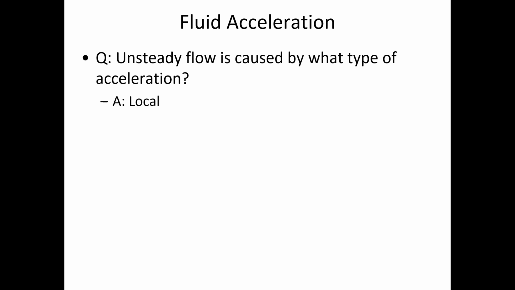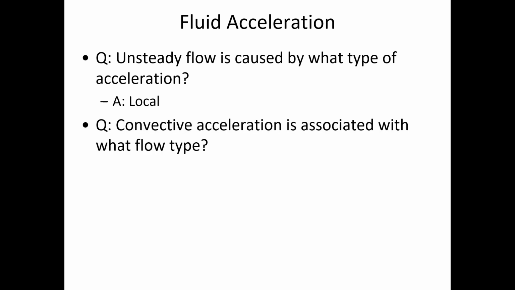Good. Local acceleration. Okay, now convective acceleration is associated with what flow type? So convective acceleration is the kind of acceleration that you'd see in a nozzle. So what type of flow is that? Now remember, laminar versus turbulent is related to the fluid's velocity, not so much the type of flow.